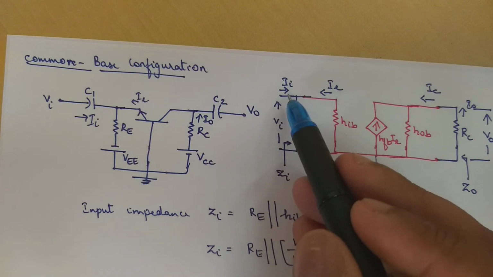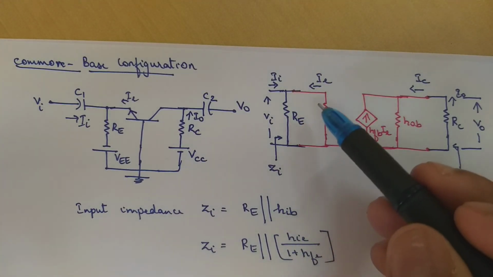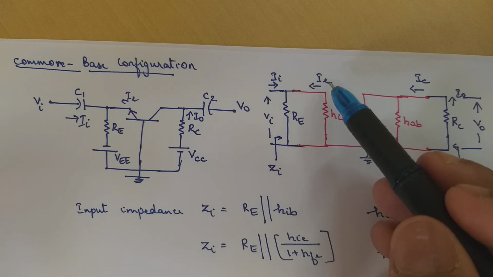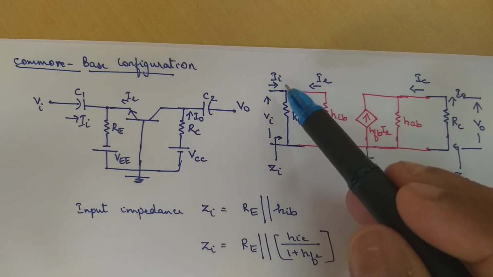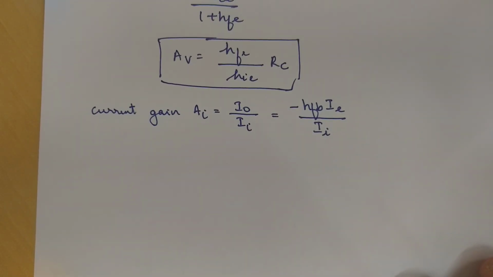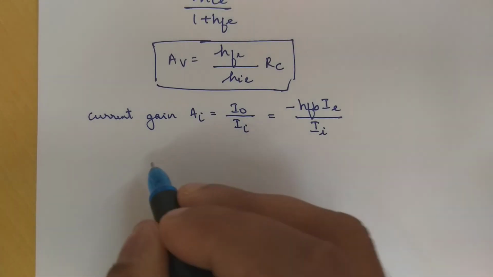Here we can use the current divider rule to obtain this part. IE will be equal to minus II into RE divided by RE plus HIB. With that we get IE in terms of the input current.